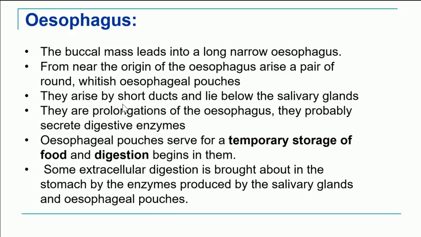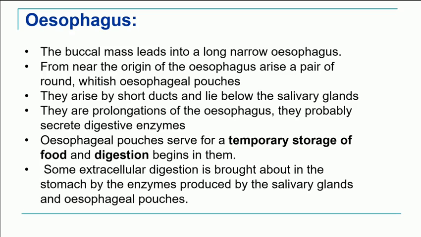They are present below the duct of the salivary gland, and the exact function of these esophageal pouches is not yet known, but they are considered to probably secrete digestive enzymes.